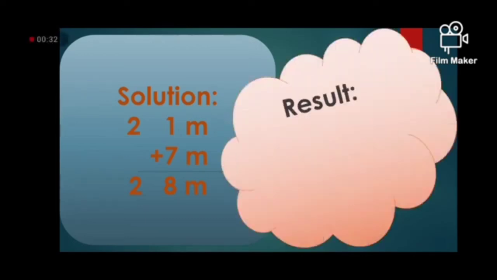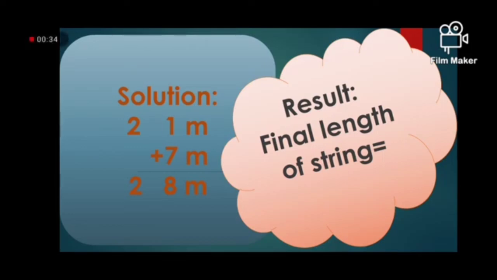So let's see how to add these measurements. Now 21 meter plus 7 meter is equal to 28 meter. It means the final length or the total length of the kite string is 28 meter. So the result is the final length of the string is equal to 28 meter.